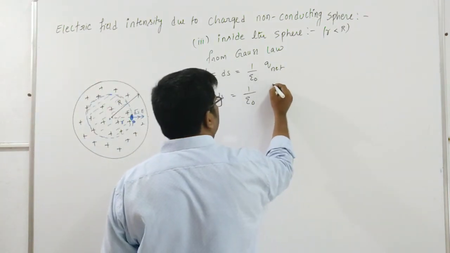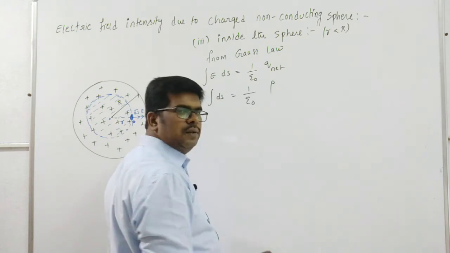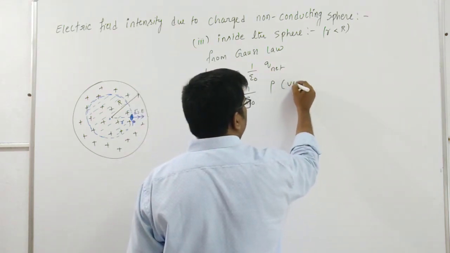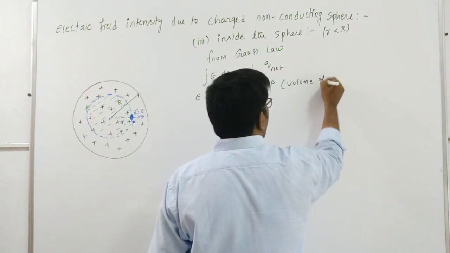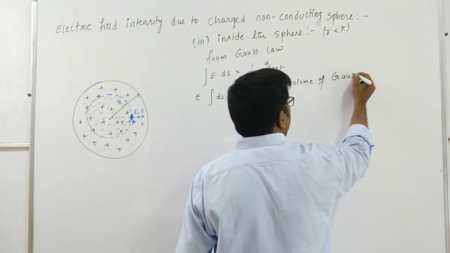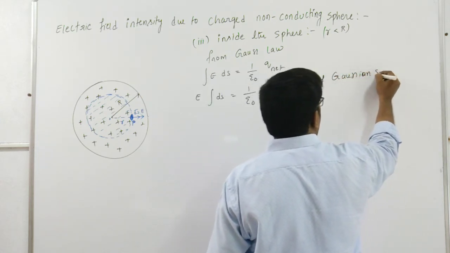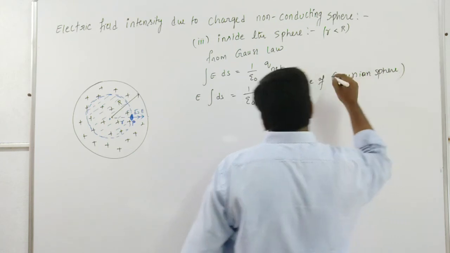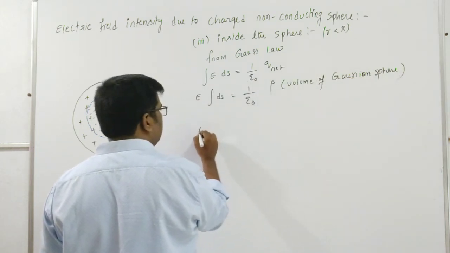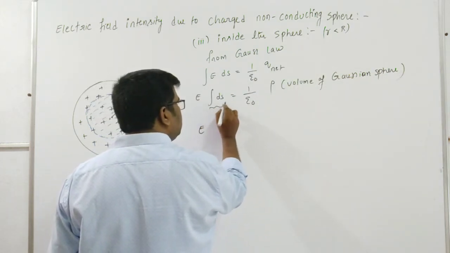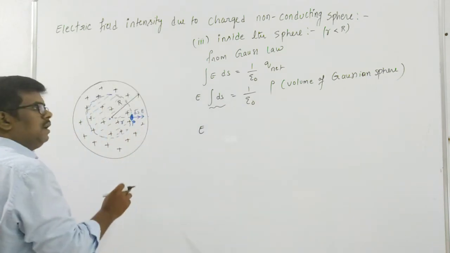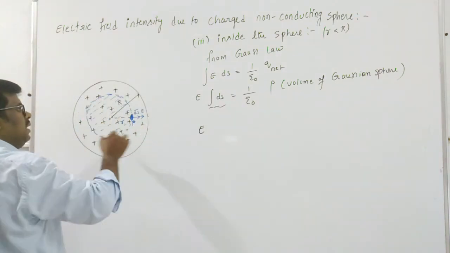Q net is nothing but volume charge density into volume of Gaussian sphere. Then if you multiply that, so E, and what about this integral ds? Integral ds is nothing but the Gaussian surface area.